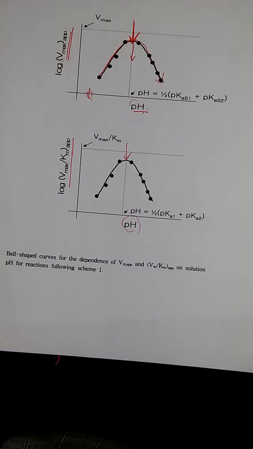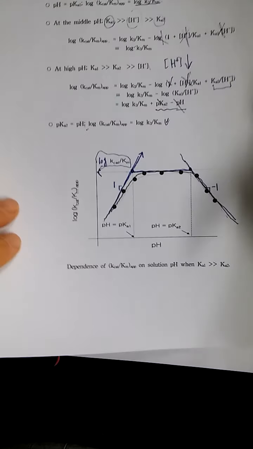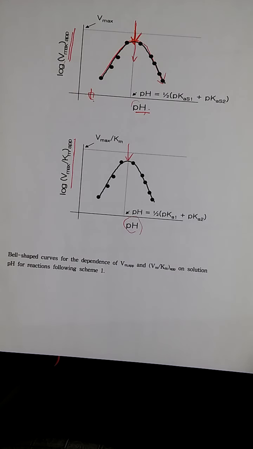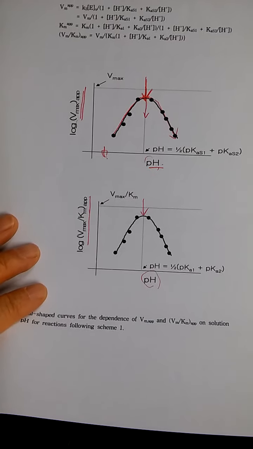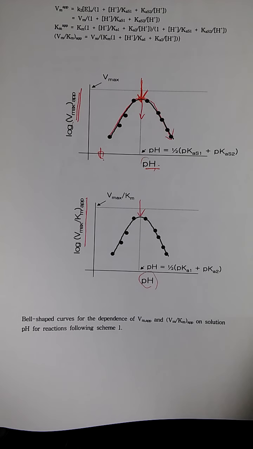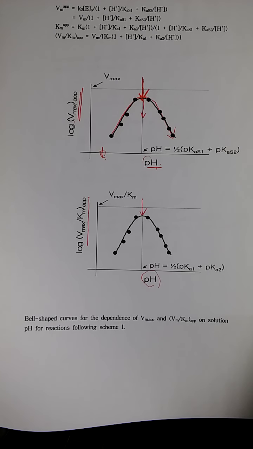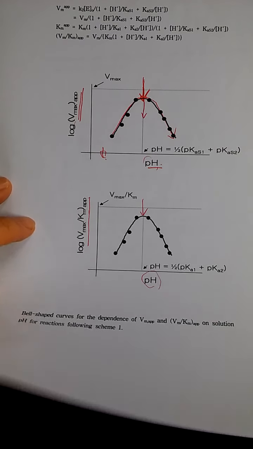And as you can see in this case also, Vmax value is independent of pH. But in this new example, Vmax depends on pH value and has a maximum value at some optimum pH.